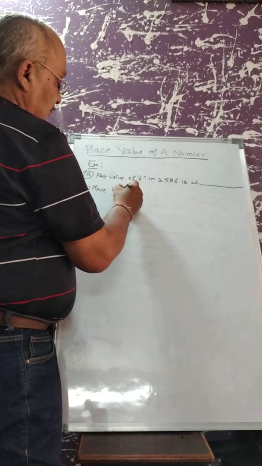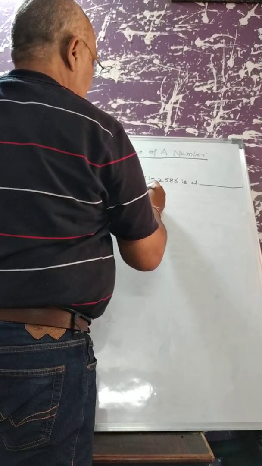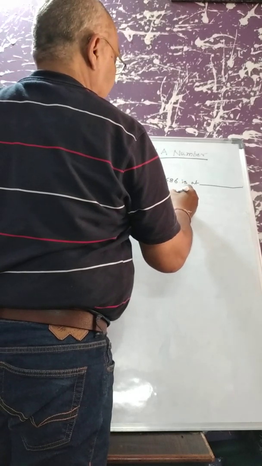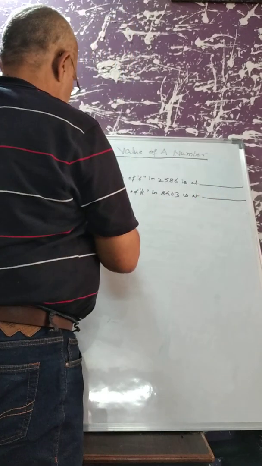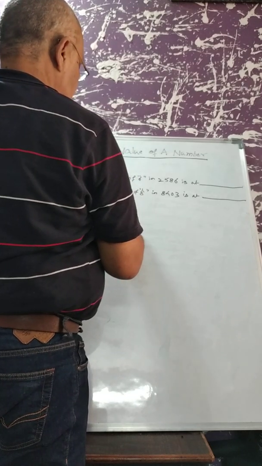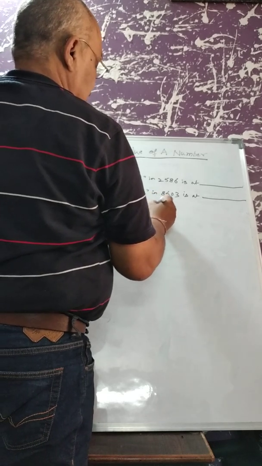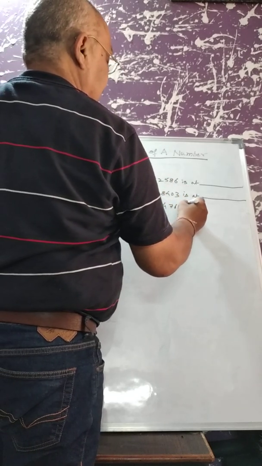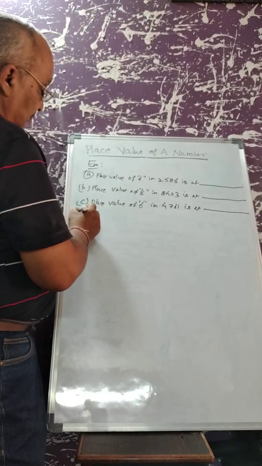Place value of 8 in 8403 is at, and again a blank space. Then again place value of 6 in number 4761 is at, again you have to say what is the place value.